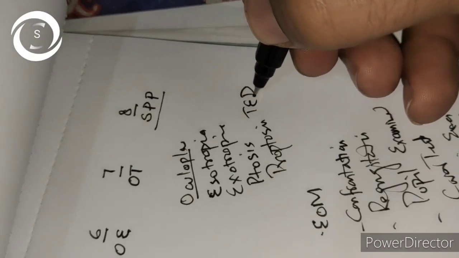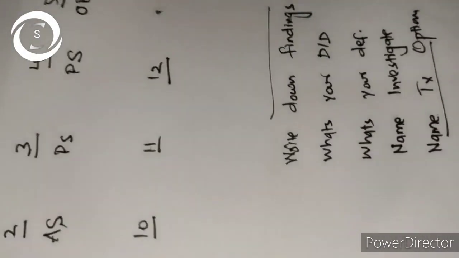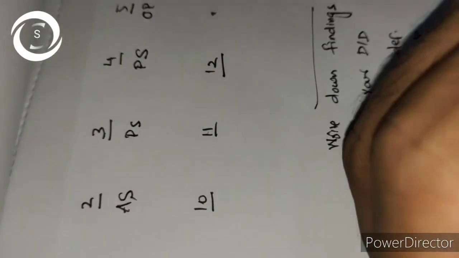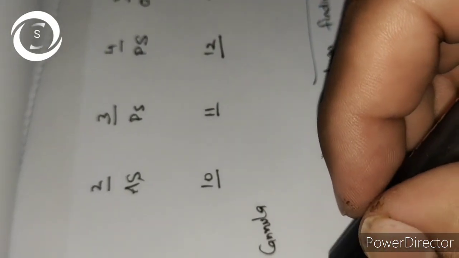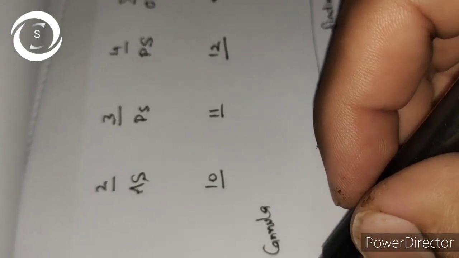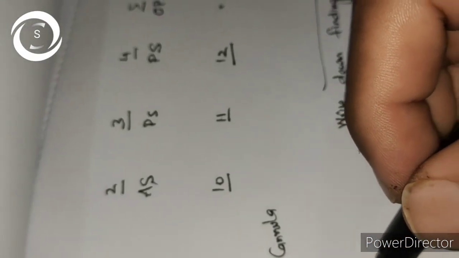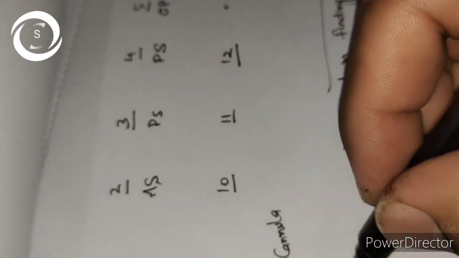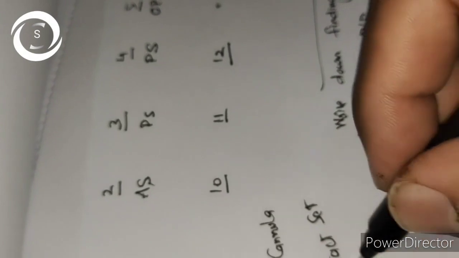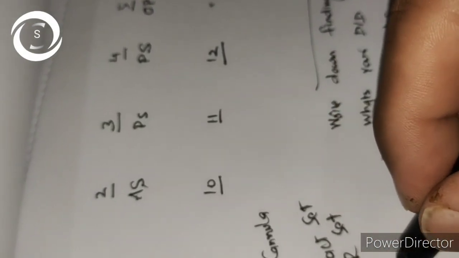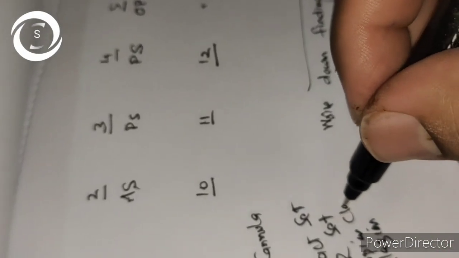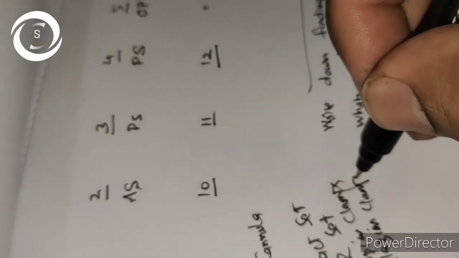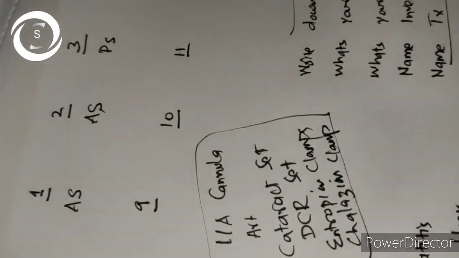Then one ocular instrument like an eye cannula or artery forceps or bone nibbler, like anything from the cataract set, DCR set, and ectropion, chalazion clamps. One among these can be shown.